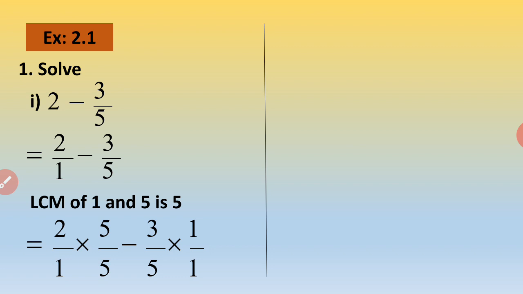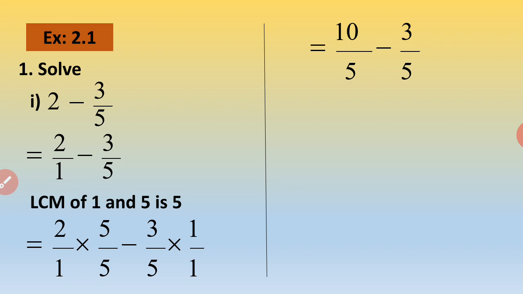The first fraction is to be multiplied by 5 in both numerator and denominator, and the second one is to be multiplied by 1 so that we get the same denominators. One thing that we have to understand here is the first fraction, that is 2 by 1, has now been written as 10 by 5.